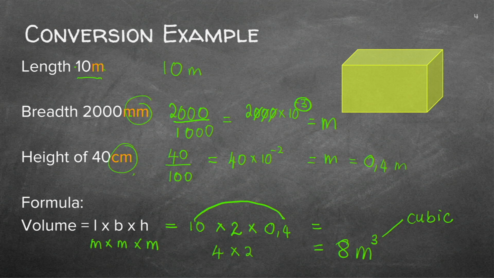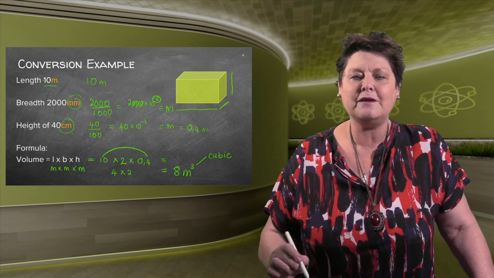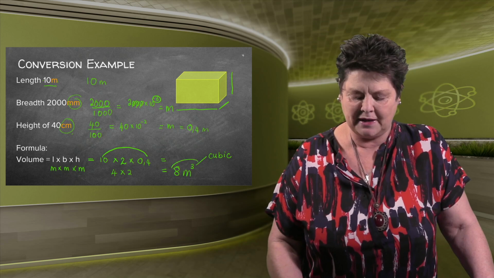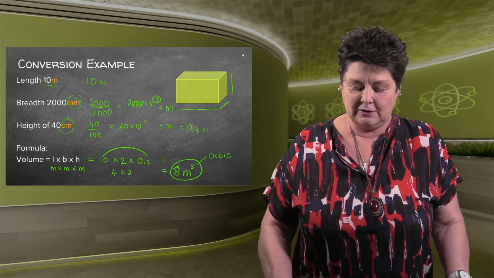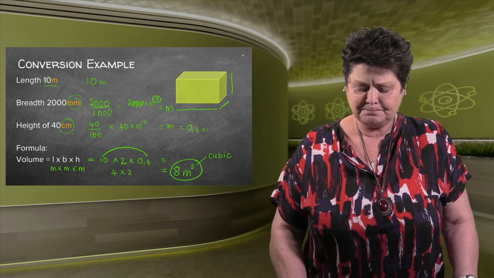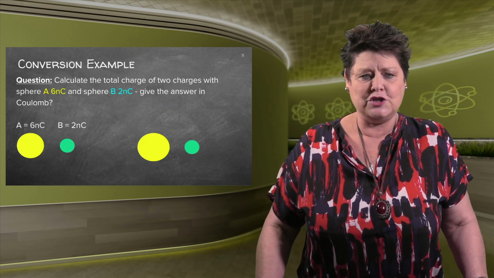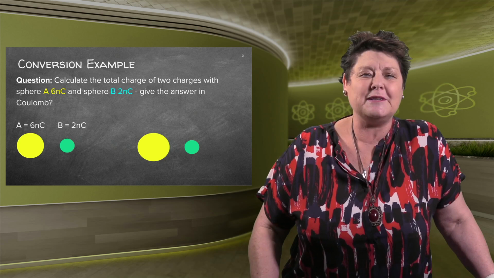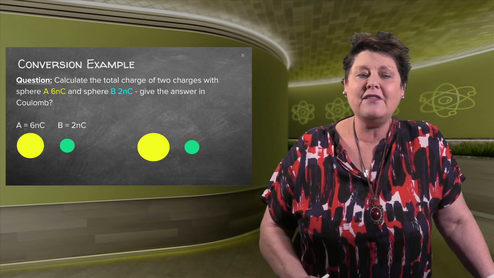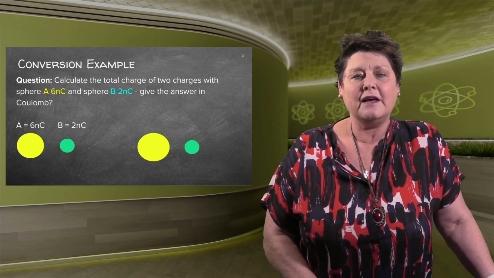And this was a cube. You took the length, you took the breadth, and you took the height. So you took 3 different meters and you multiplied it to get to the volume of that rectangle as 8 cubic meters. When we move on to more complex conversions, we're not going to do very specific conversions other than just taking them to the same unit in this lesson.